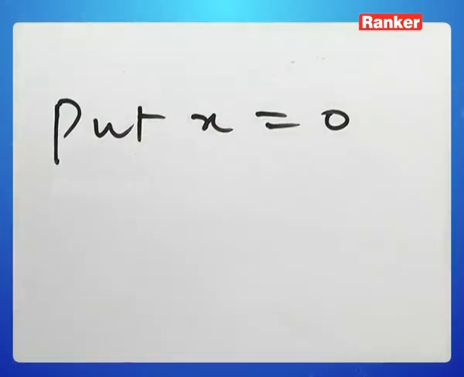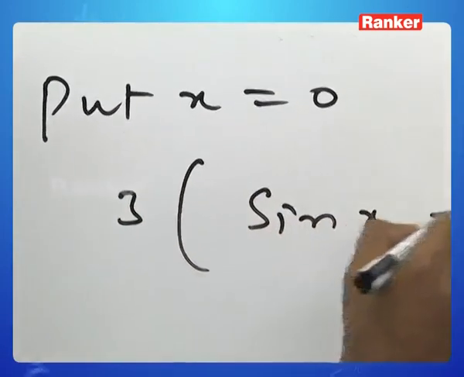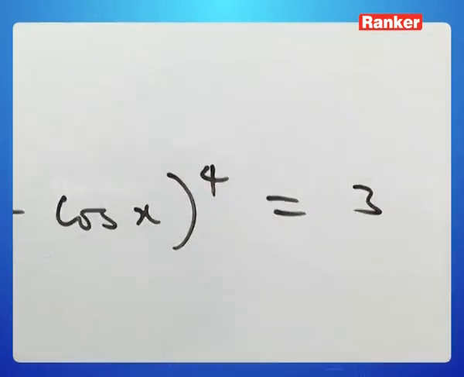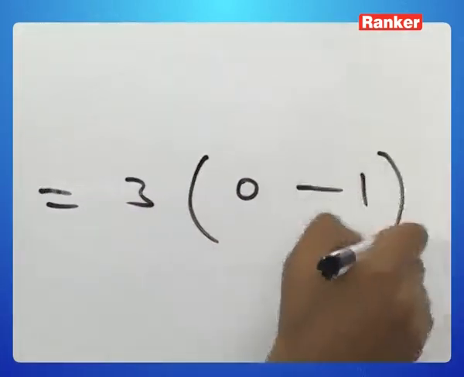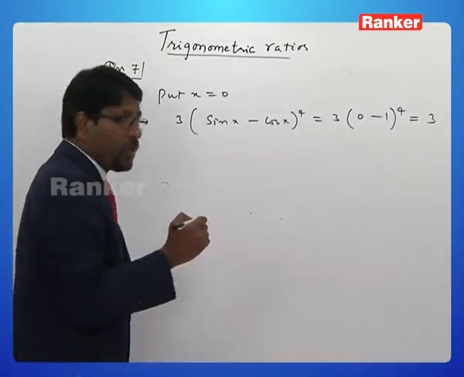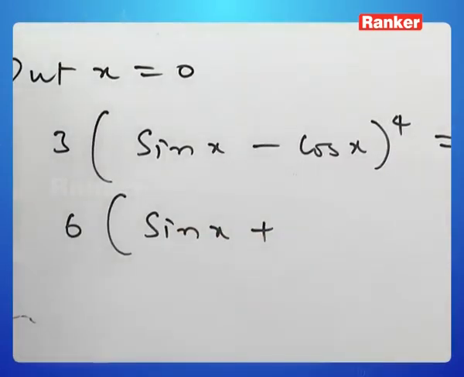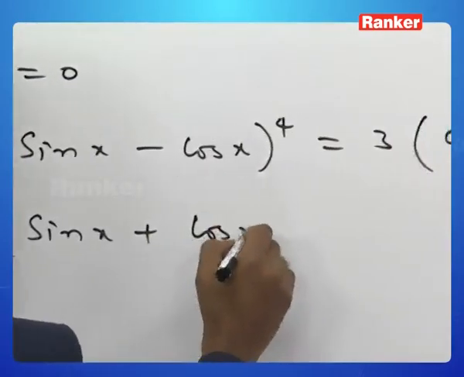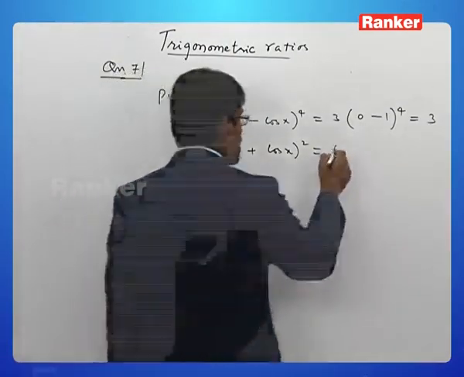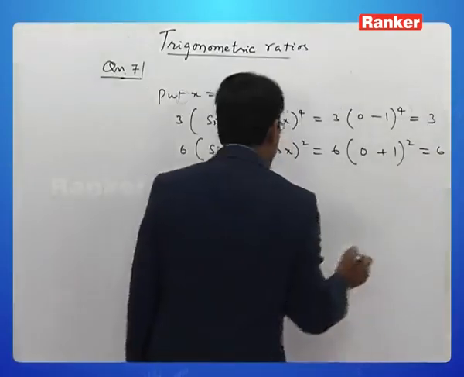If you put x equal to 0, this 3 into (sin x minus cos x) to the power 4 part becomes just 3. 3 into (0 minus 1) power 4, that is 3. And the second one, 6 into (sin x plus cos x) the whole square, I'll get 6 into (0 plus 1) the whole square, that's again 6.